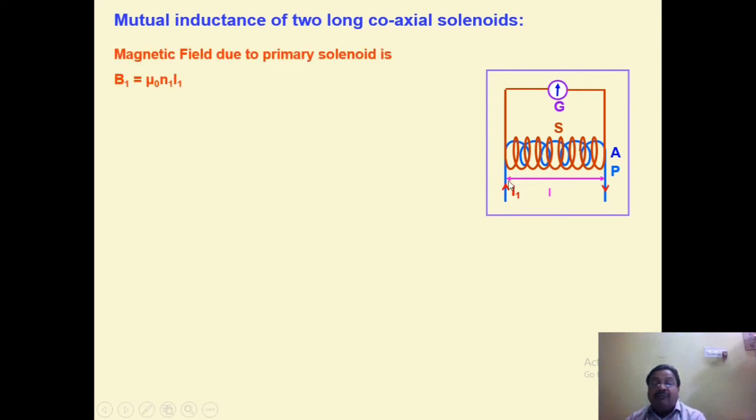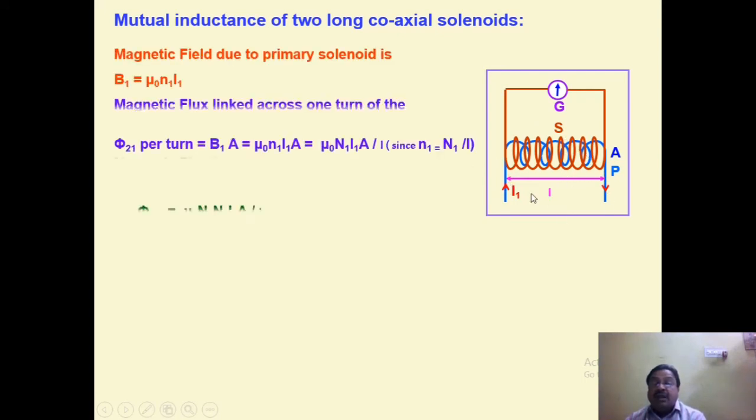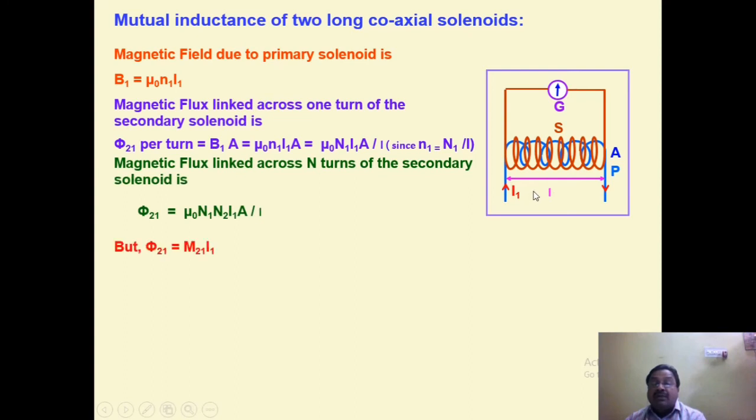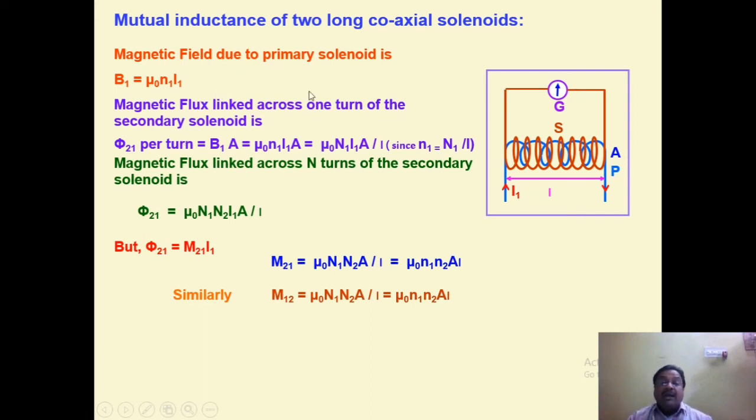Then this will induce an EMF in the secondary. How? Here you see, the magnetic field due to the primary solenoid, as per our previous calculation, will be mu 0 N1 I1, where N1 is the number of turns per unit length of the primary, and L1 is the length of the primary.